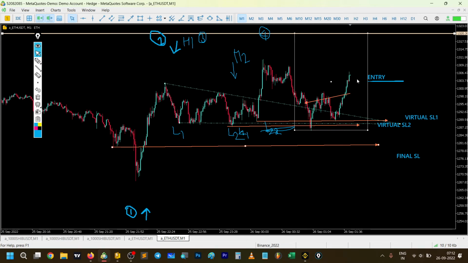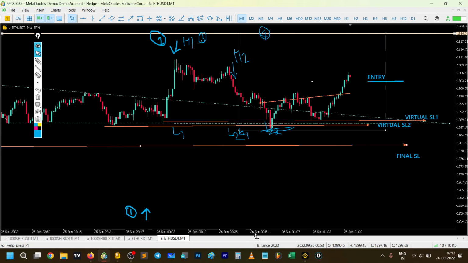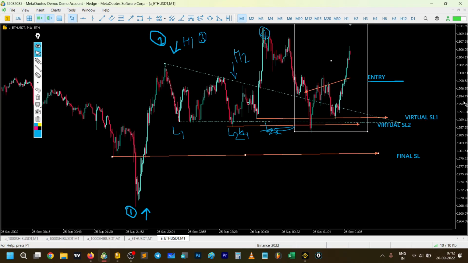Okay, so in this condition you have taken a risk. I will consider what the risk and reward is here. So the risk is here, you buy here.